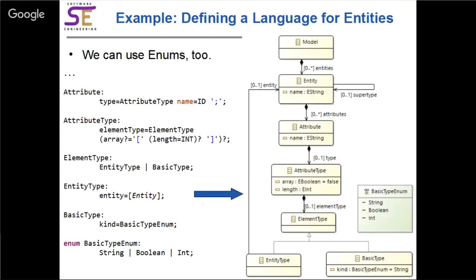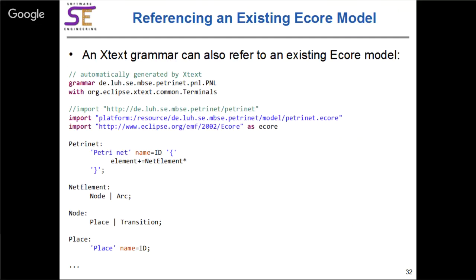What we can also do in Xtext is import an existing Ecore model. So let's say we created a meta model before, maybe because your professor told you to do so in your first mini project, or for other reasons.